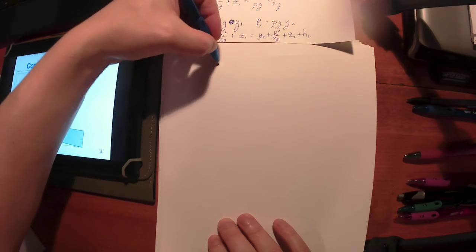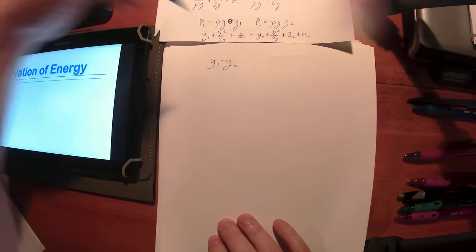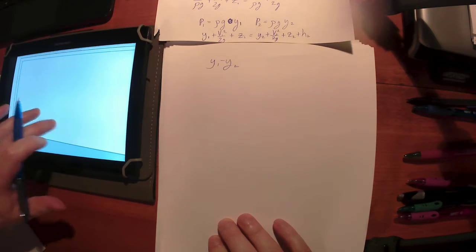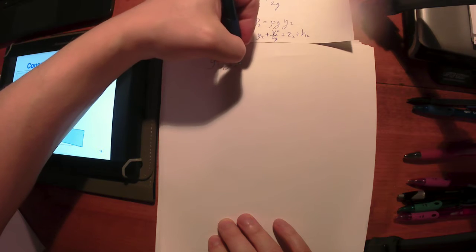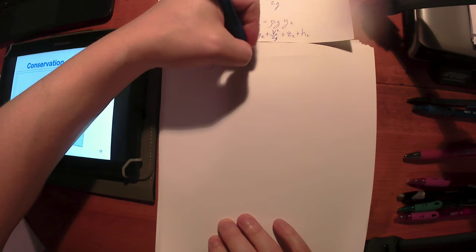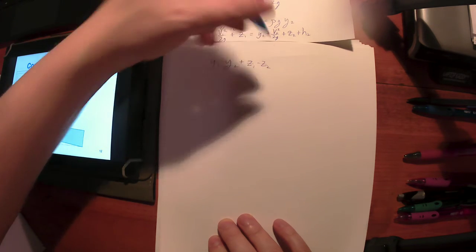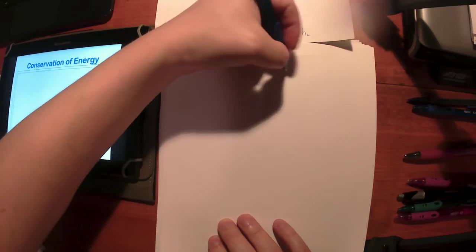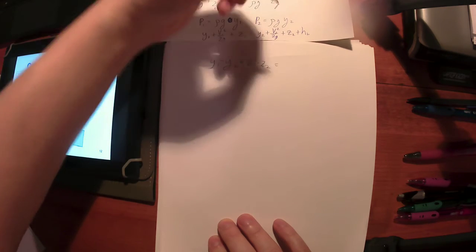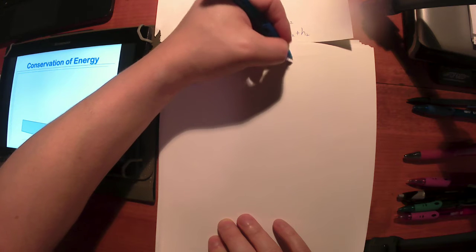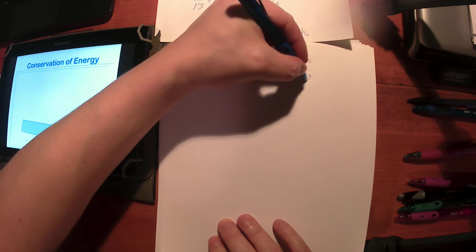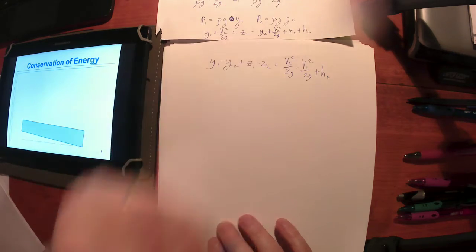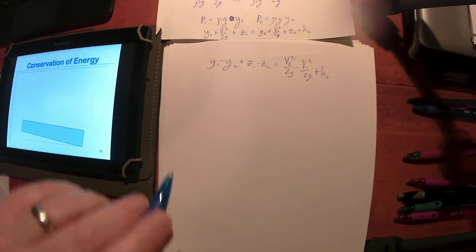Let's say Y1 minus Y2, plus Z1 minus Z2, is equal to, let's say, V2 squared over 2G minus V1 squared over 2G plus the head loss. Kind of group those together there. Okay?